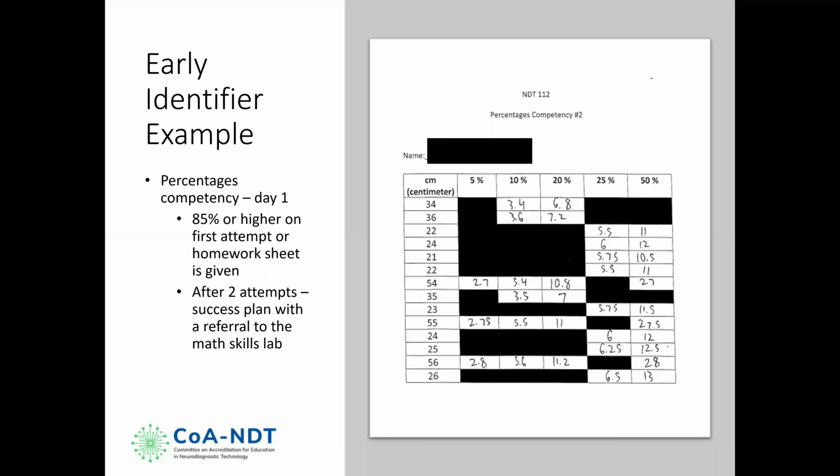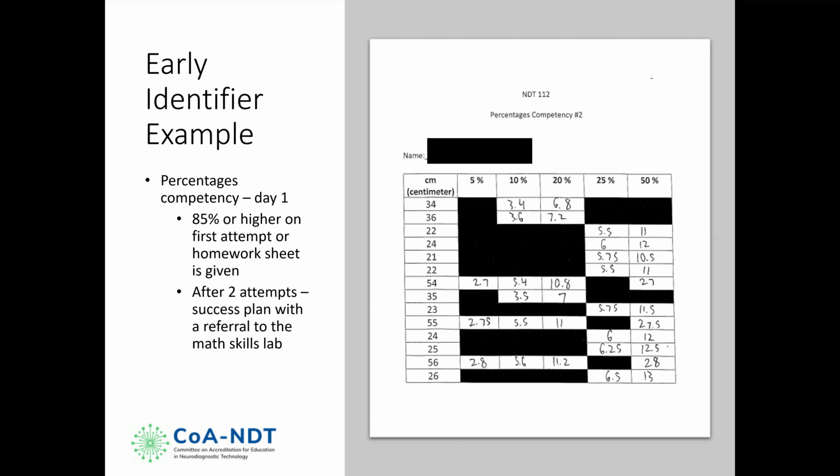Right now we don't use the TEAS or the HESI exam. We do have other programs that are using those. We just have not adopted it yet for our program, but we do have a minimum math requirement that they have to test out of to get into the program. But still, that seems to be almost not a true reflection of math skills in the classroom.